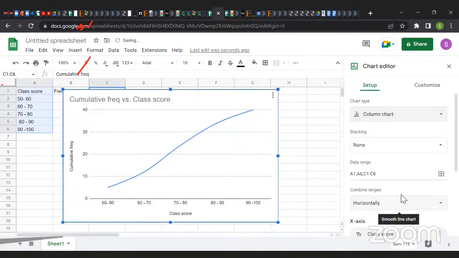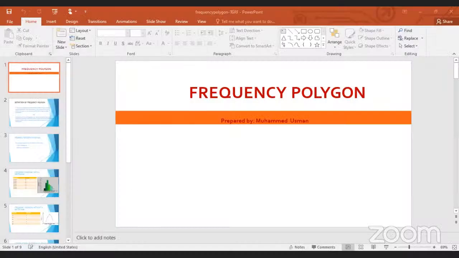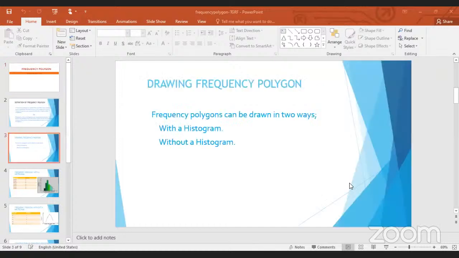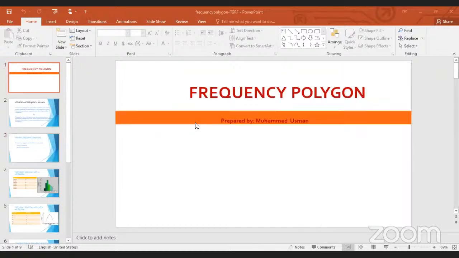It says you cannot start screen share while the other participant is sharing. Yeah, you can share now. Okay, can you please see my screen?